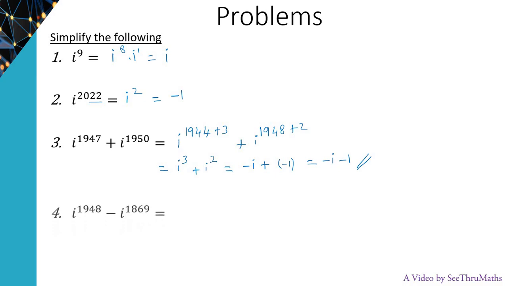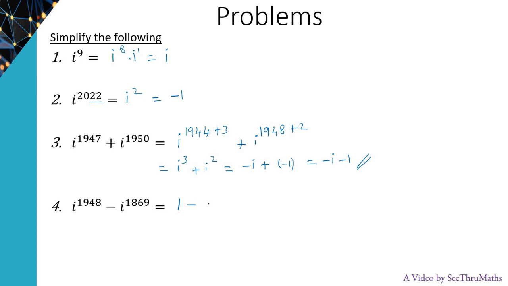The next one, i^1948 minus i^1869. These are just random big numbers for practicing. So 1948, just now we have seen that 1948 is divisible by 4 by taking the last 2 digits, 48. When I divide by 4, I will get remainder 0. So i^1948 is the same as i^0. i^0 is 1. No need to write step by step.